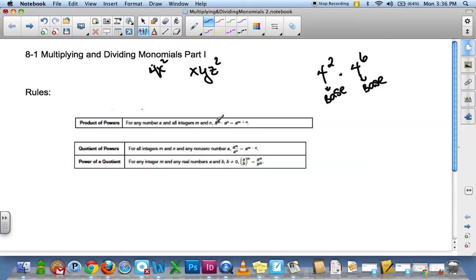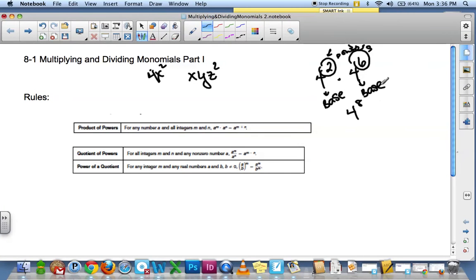We then take their exponents, so the 2 and the 6, and add them together. So this reduces down to 4 to the 8th power. So when we're multiplying any type of variable or number that has a common base raised to a power, we can add the powers together, because the 2 and the 6 are powers, to simplify it to 4 to the 8th power.